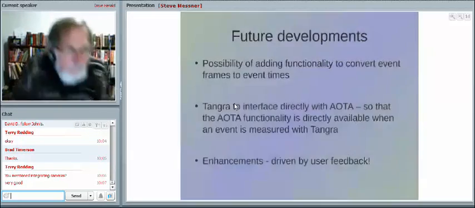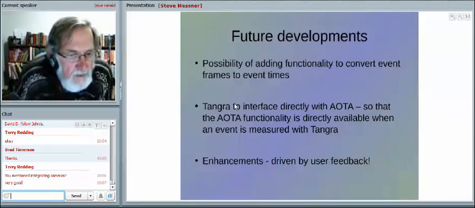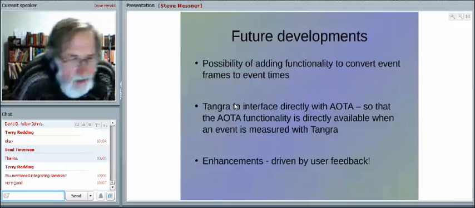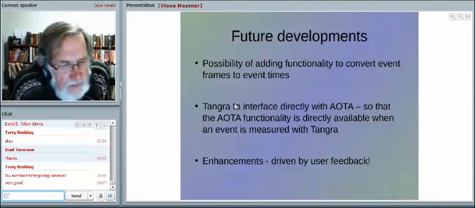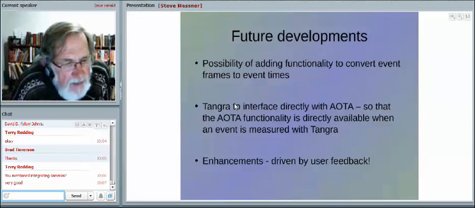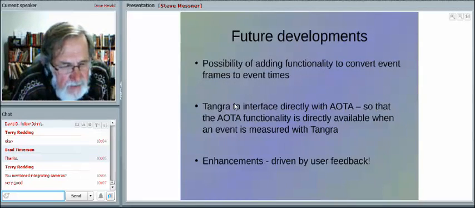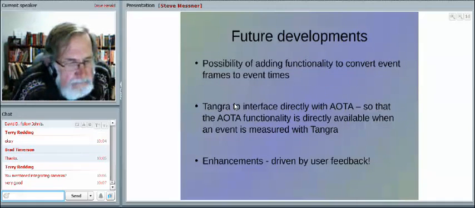And final slide. Looking at the future, possible developments include adding functionality to convert event frames to event times. I feel fairly hesitant about doing that, as it's a fair bit of work to achieve.